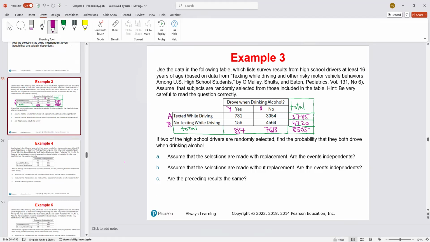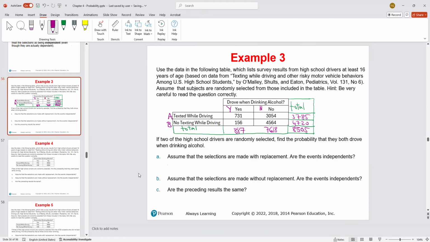In the first one, what we need to remember is that they said do it with replacement. Find the probability both drove when drinking alcohol.